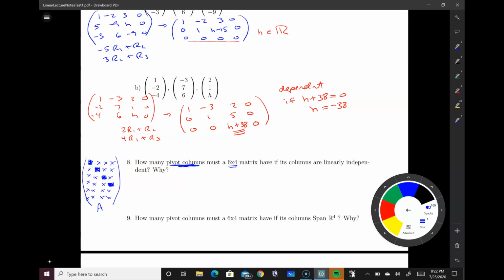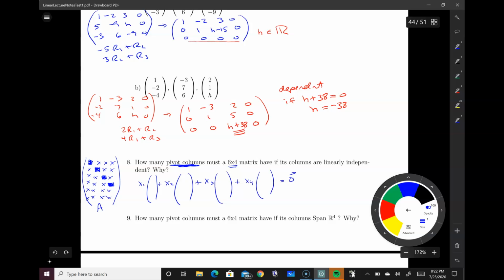You don't need a pivot in every row. I need to be able to say that there's an x1 times the first, plus an x2 times the second, an x3 times the third, and x4 times the fourth to equal the 0 vector. So if I have 4 pivots, then I can find that they are linearly independent.